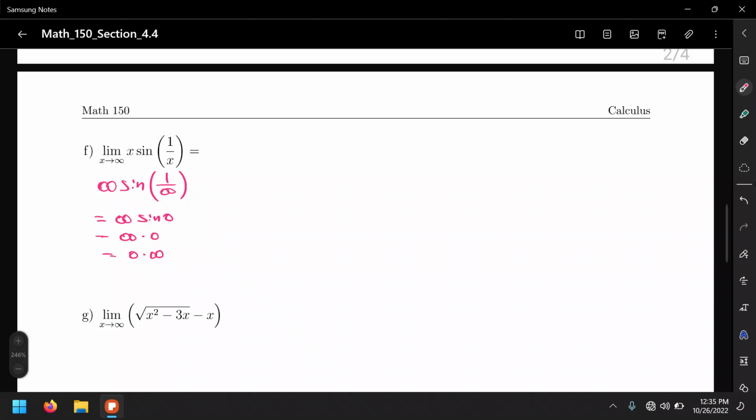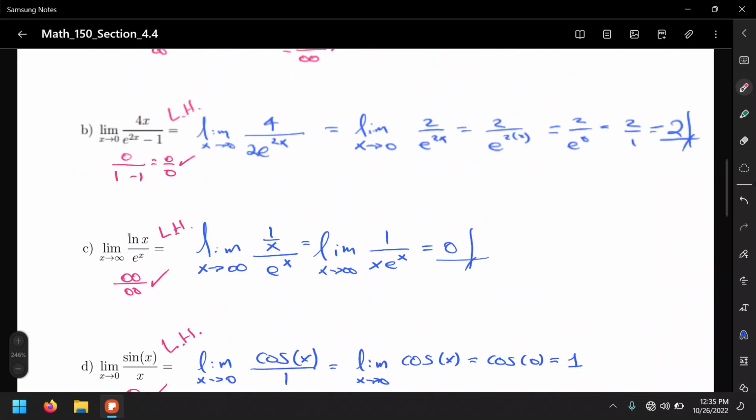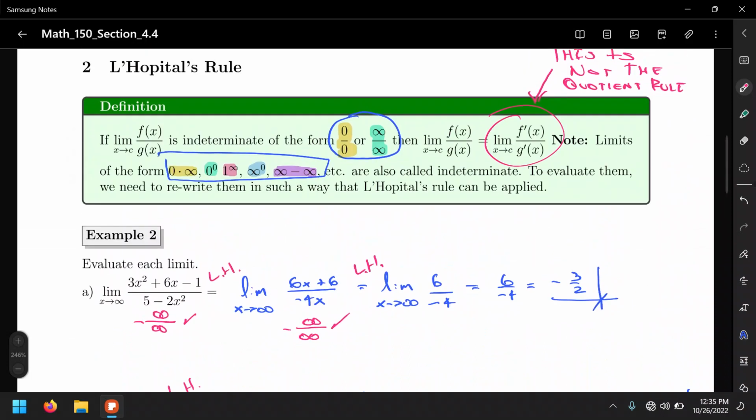Now, let's go to the back of the page, to the previous page. It turns out that 0 times infinity is one of those weird indeterminate forms. However, check the L'Hopital's rule.